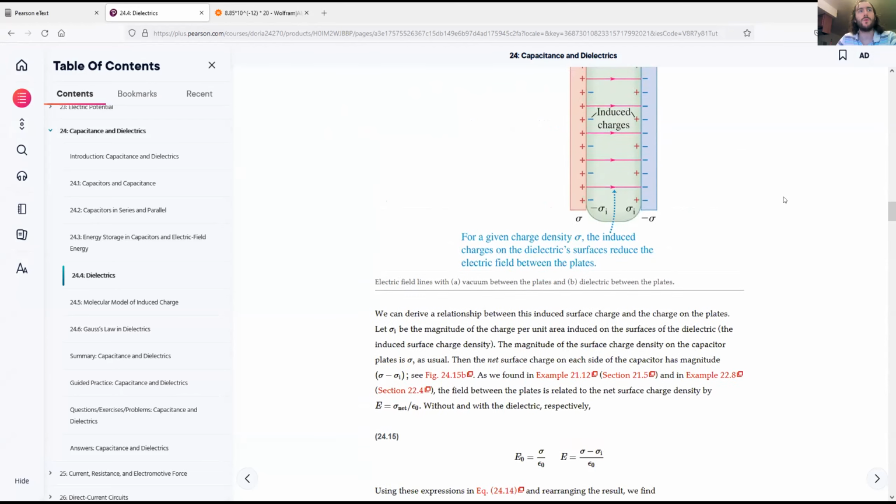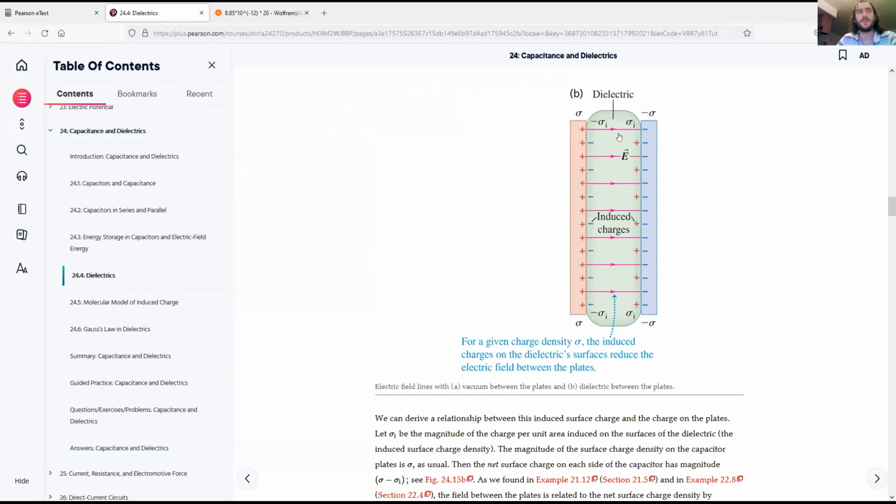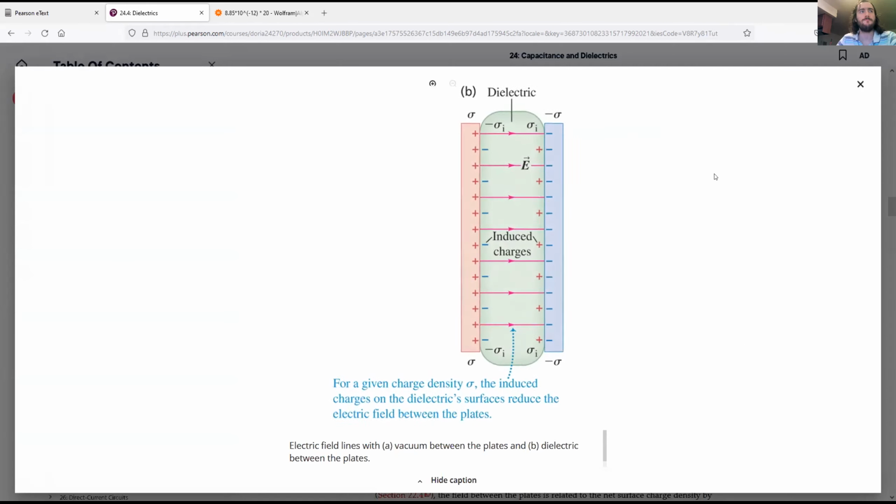So here's the image of what I was just describing. When you insert a dielectric material in between the plates of a parallel plate capacitor, or any capacitor really, what happens is because you've got an electric field in the space between the two plates, that electric field is going to exert equal and opposite forces on these little molecules in the dielectric and cause little dipoles to form.